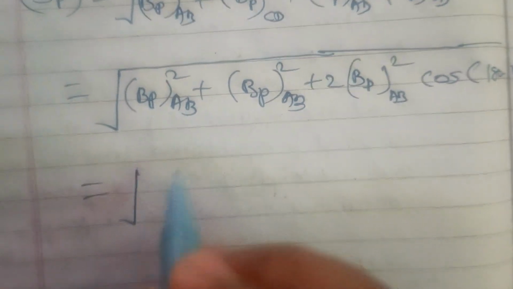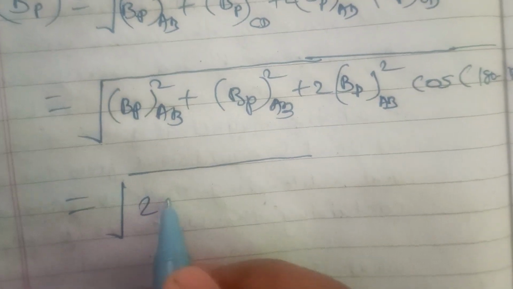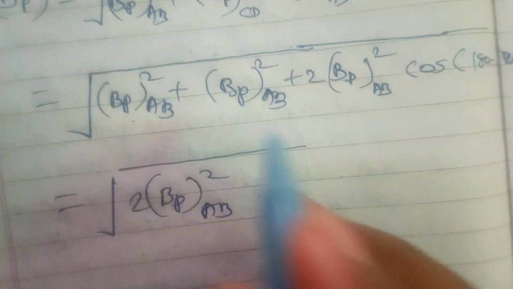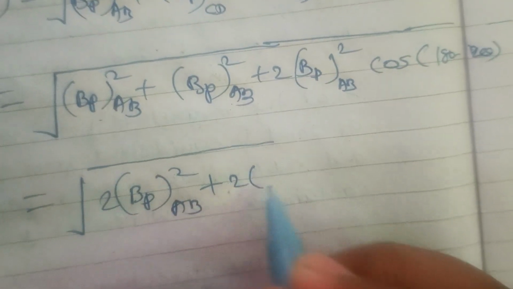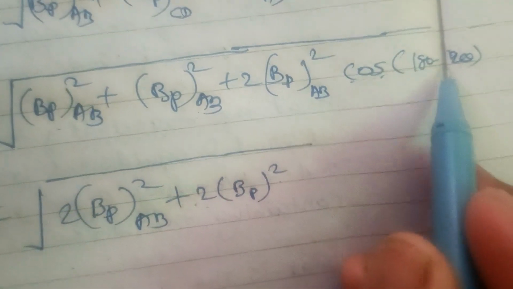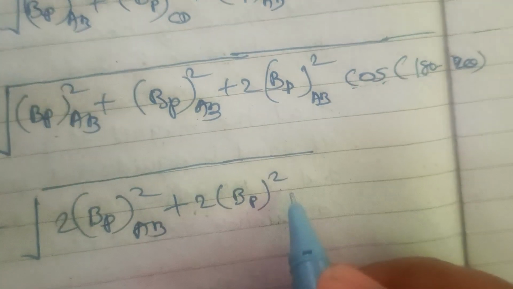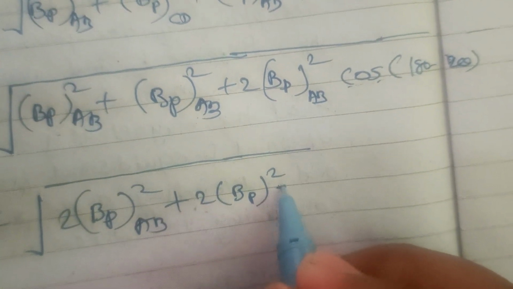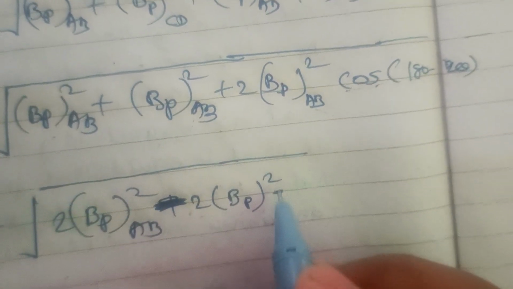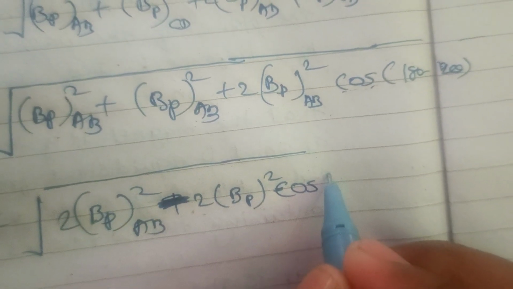Now it equals the square root of 2 times B_P due to AB squared, plus 2 times B_P squared and cos(180 minus 2θ), which gives a minus, so minus cos 2θ.